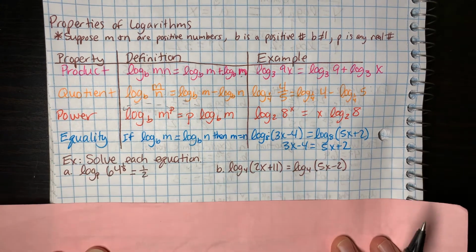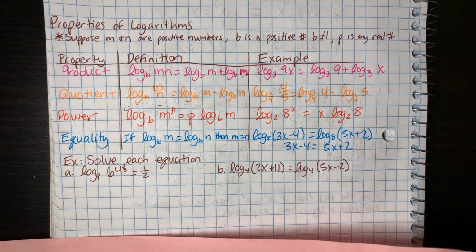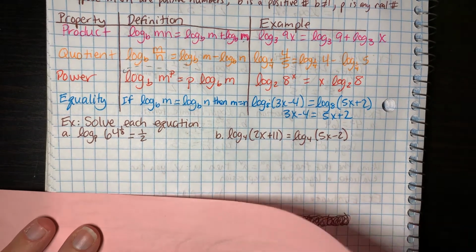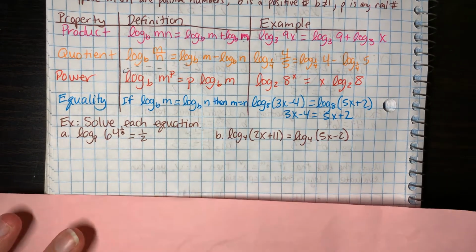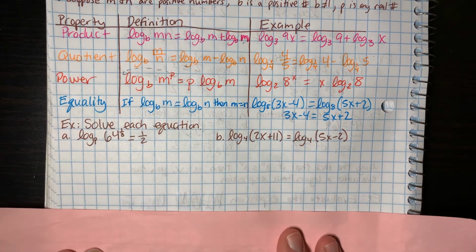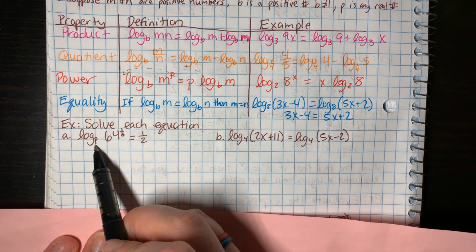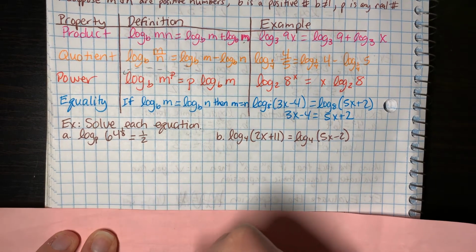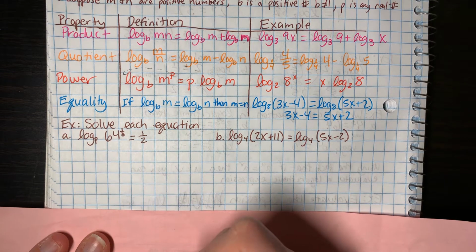Okay, so let's try out some problems using our definitions. We have log base p. We need to figure out what p is, and because it's down here in this log, that's not really helping us very much.